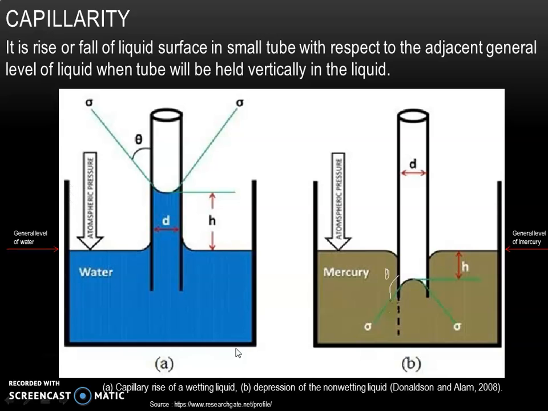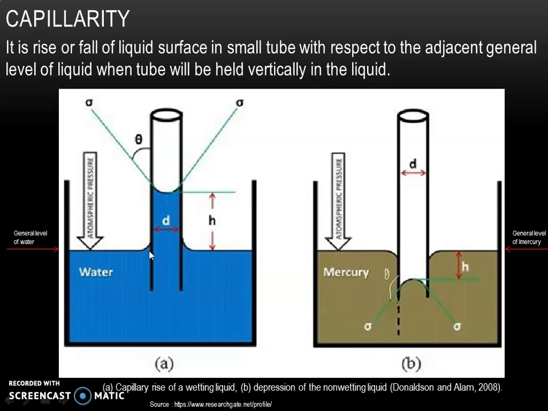Here we can see a container in which there is water. This is the general level of water, and there is atmospheric pressure acting on the surface of water because the container is open to atmosphere.